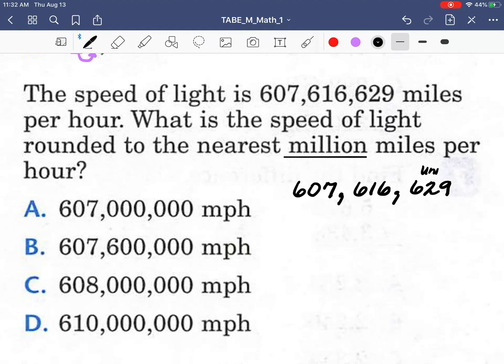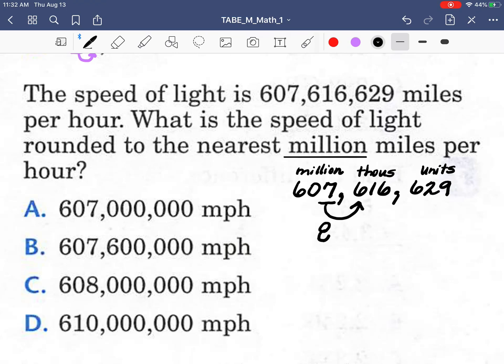Remember, these are your units. This is the thousands section. This is the millions section. And million would be the 7. So get your place value right. You look over here at the neighbor, and the neighbor says round up.